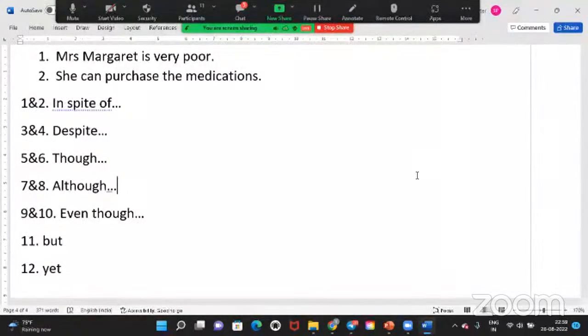Mrs. Margaret can purchase the medications though she is very poor. Though Mrs. Margaret is very poor, she can purchase the medications. The first one will have Mrs. Margaret, the second one will have she. The next one. Although Mrs. Margaret can purchase the medications.